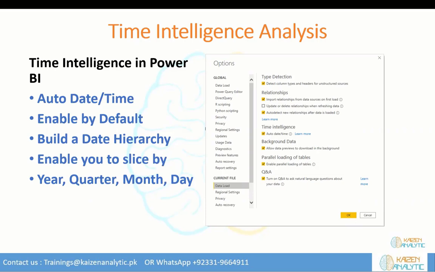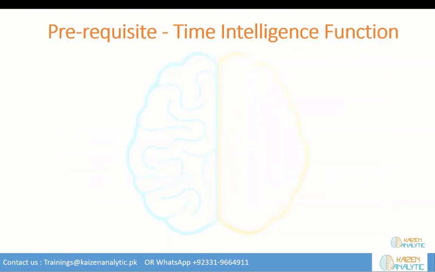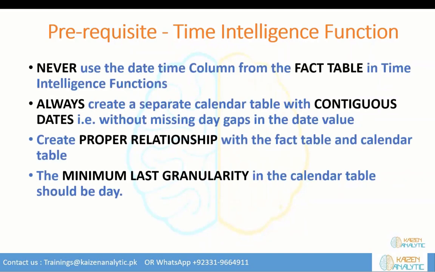One technical aspect which we should be aware of before conducting time intelligence analysis is the prerequisites of using it. The first one is never use the date time column from the fact table. This is an important factor. Don't use the date column of the fact table.